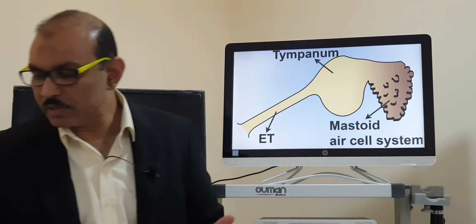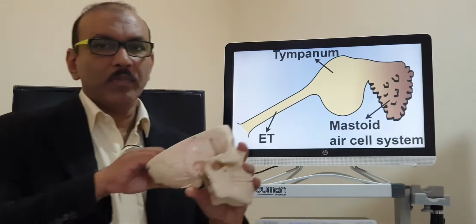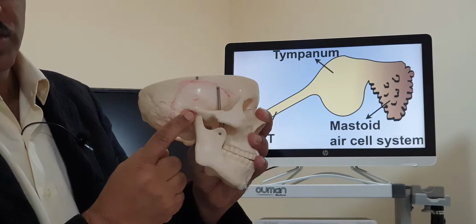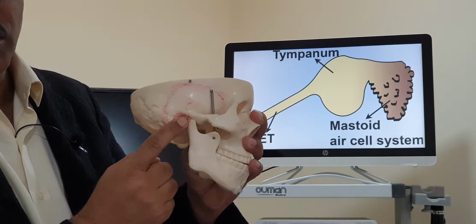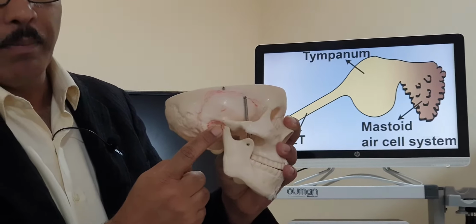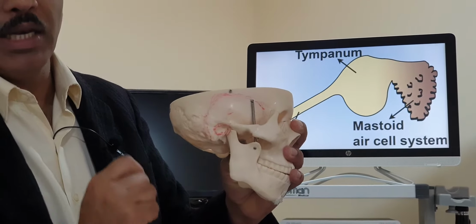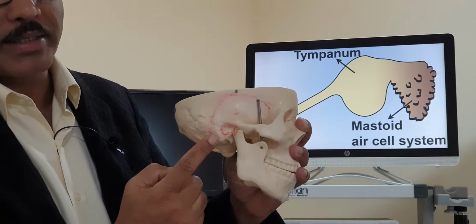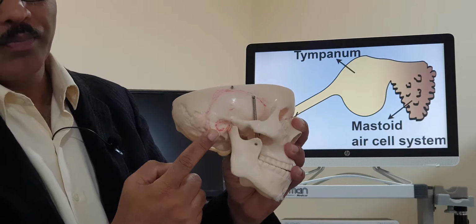So if you see this model, this is the ear. If you go straight inside here, we can see the tympanic membrane or the eardrum, and behind the eardrum you have the middle ear. The part behind the middle ear is the mastoid air cell system. This is the mastoid.